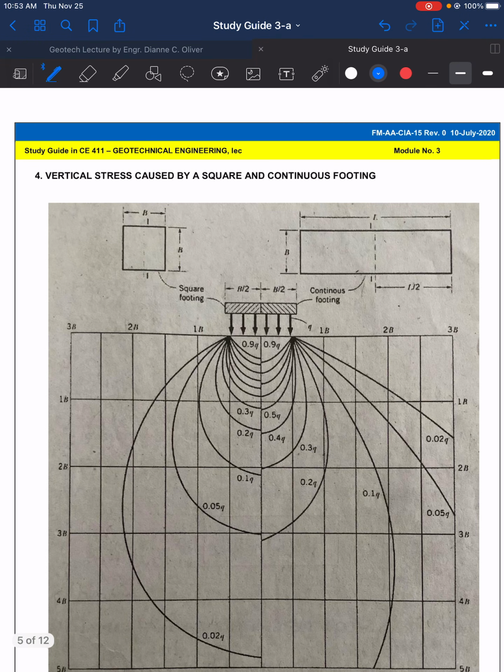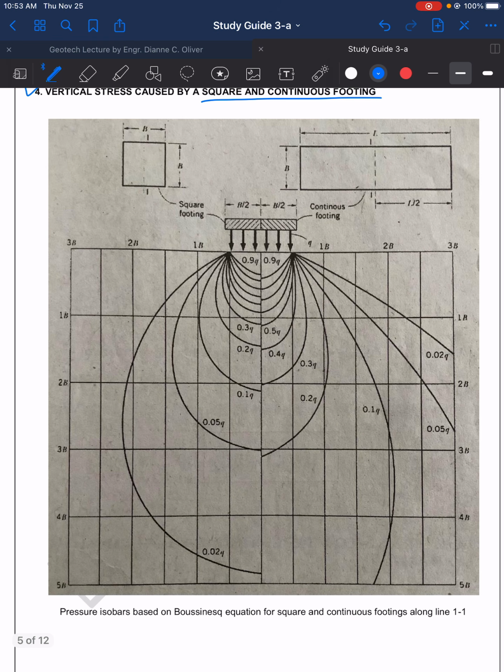Next, the fourth one is the vertical stress caused by a square and continuous footing. We are going to use the pressure isobars based on Boussinesq's equation.